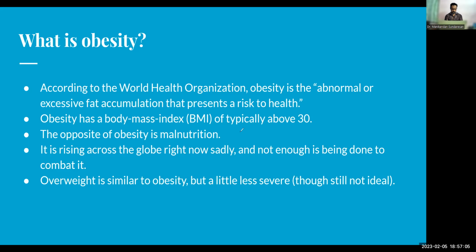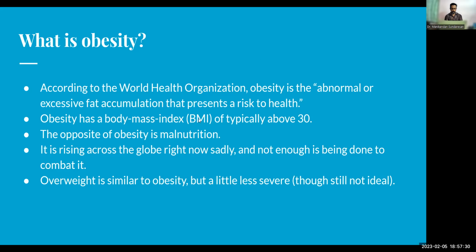So you can be both overweight and obese at the same time. If you're obese, you're overweight as well. It's a little less severe, but still a problem. It's an indication you're close to being obese and you have to cut down. It's a borderline, basically.